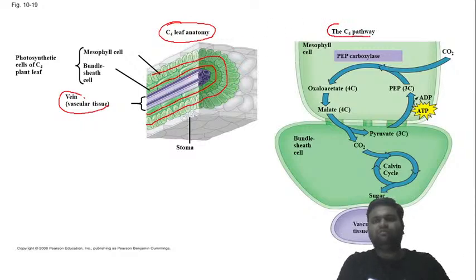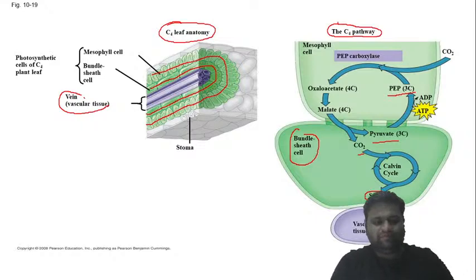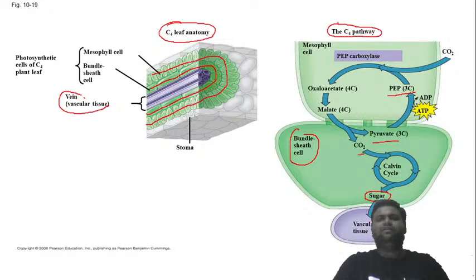This is the C4 pathway, where PEP carboxylase, alongside PEP and CO2, converts into oxaloacetate and malate, which enters the bundle sheath cell from the mesophyll cell, and it is converted into pyruvate and CO2. CO2 enters the Calvin cycle, which ultimately leads to the formation of sugar molecules, and it is distributed into the vascular tissue. So this is how the C4 pathway takes place.